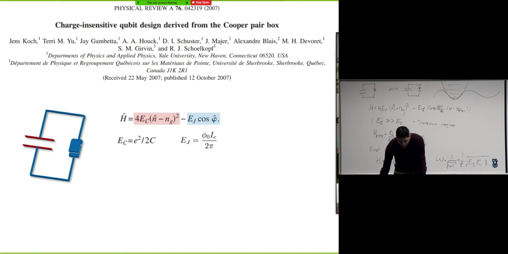Okay. So 2.1, this is the Hamiltonian that we wrote in the beginning. This Hamiltonian can actually be solved exactly for all the regimes, not only for the large capacitor regime. And you can plot the wave functions and the energy levels. This is what you can see in figure 2 for all ratios of EJ and EC. In the transmon regime, the x-axis over here is the sensitivity to charge, basically.